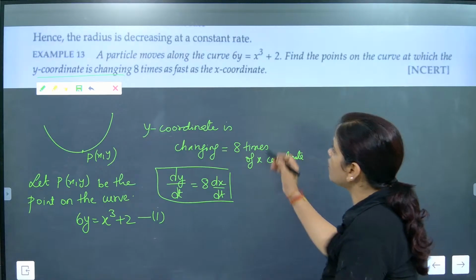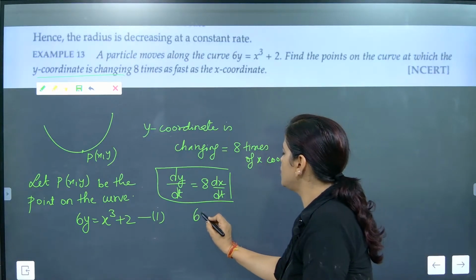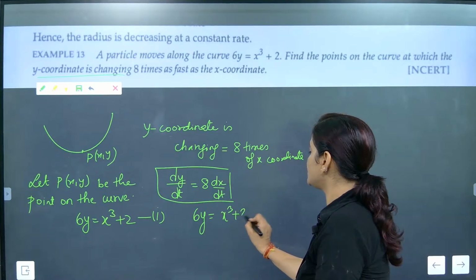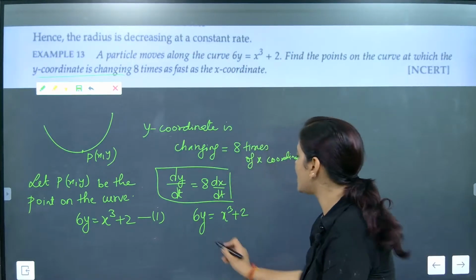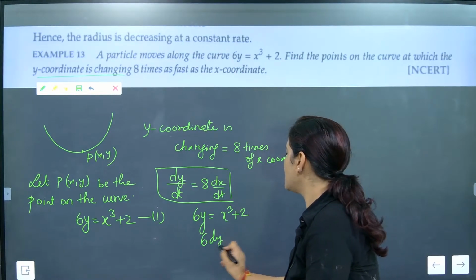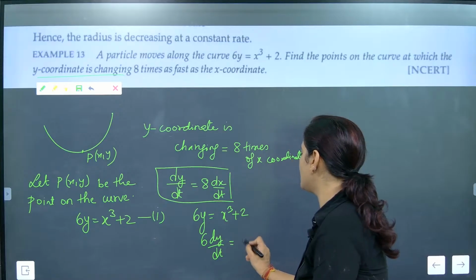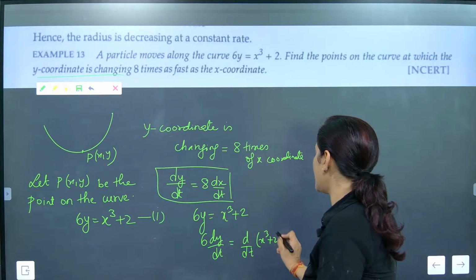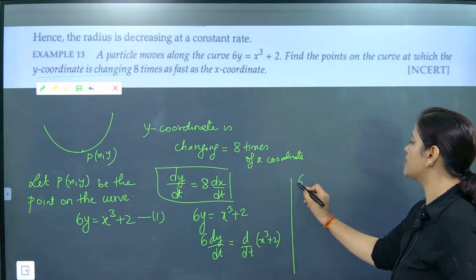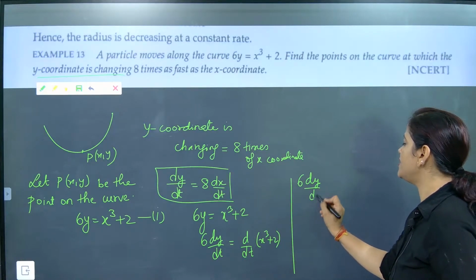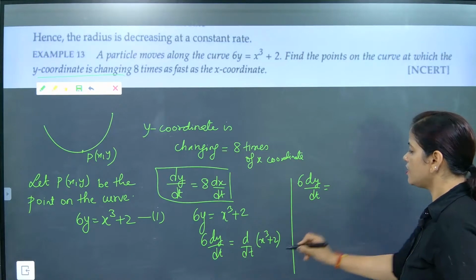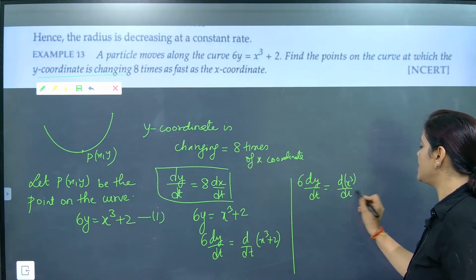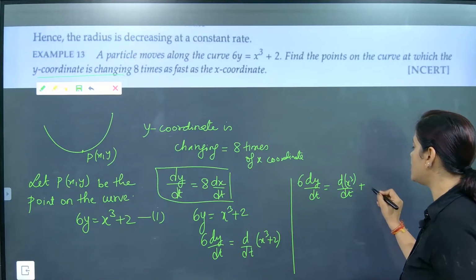Now beta, our given equation is 6y is equal to x cube plus 2. Shall we differentiate it with respect to time? So 6 dy by dt is equal to d of dt of x cube plus 2. Once you differentiate, the d of x cube by dt, and the constant will become 0 only.